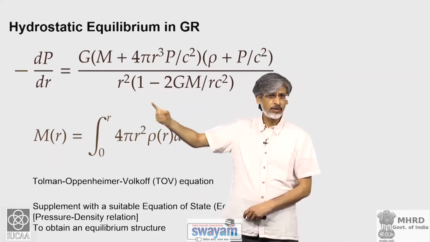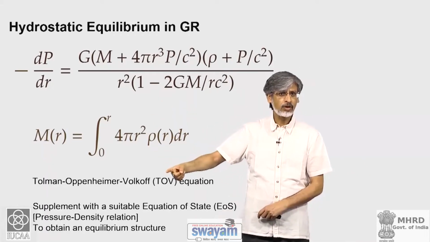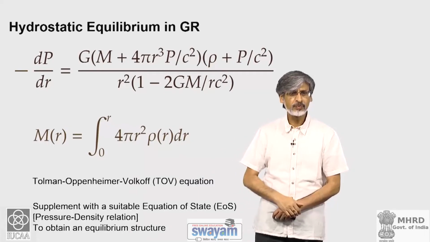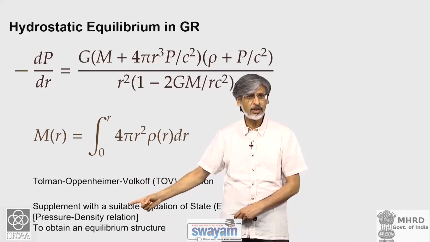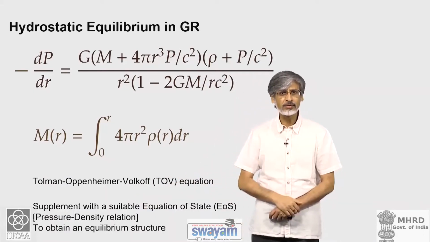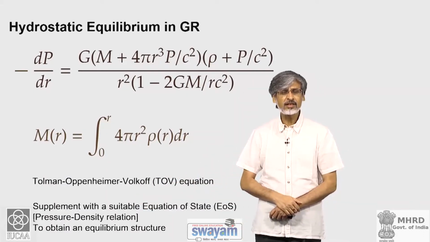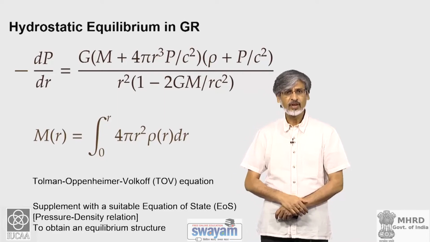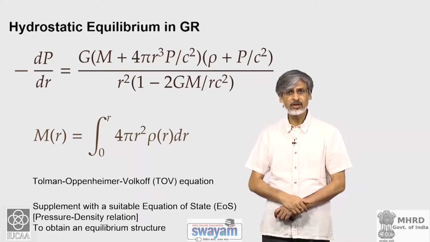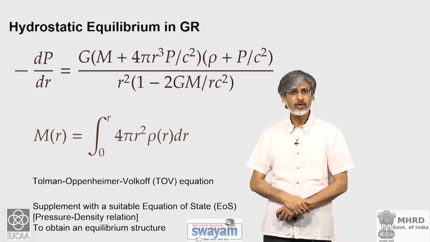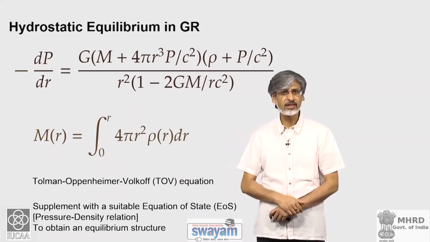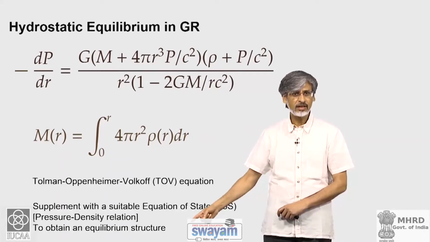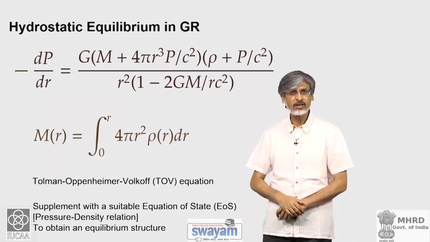So, this system of equations goes by the name Tolman-Oppenheimer-Volkoff equation, and this Tolman-Oppenheimer-Volkoff equation, supplemented by a suitable equation of state, in this case the degenerate electron equation of state, which is the relation between pressure and density, gives us the equilibrium structure in general relativity.